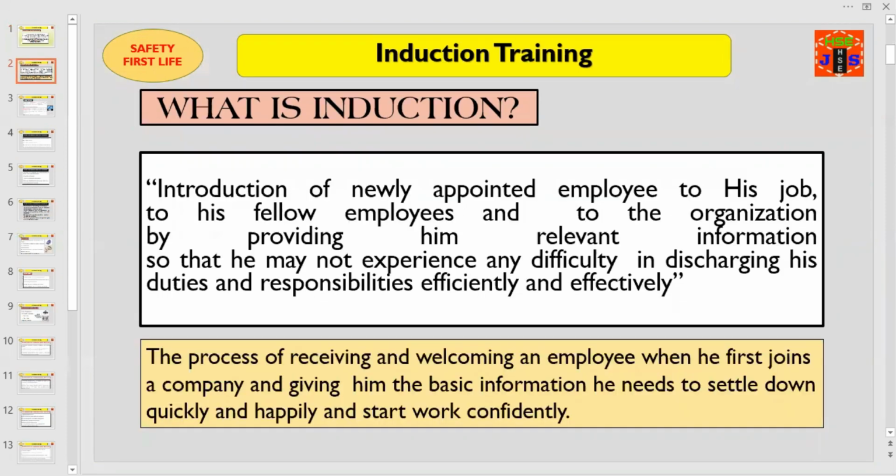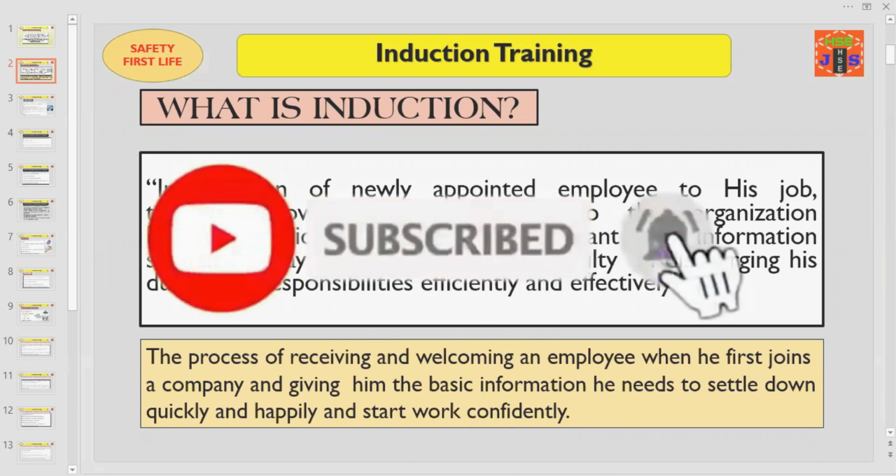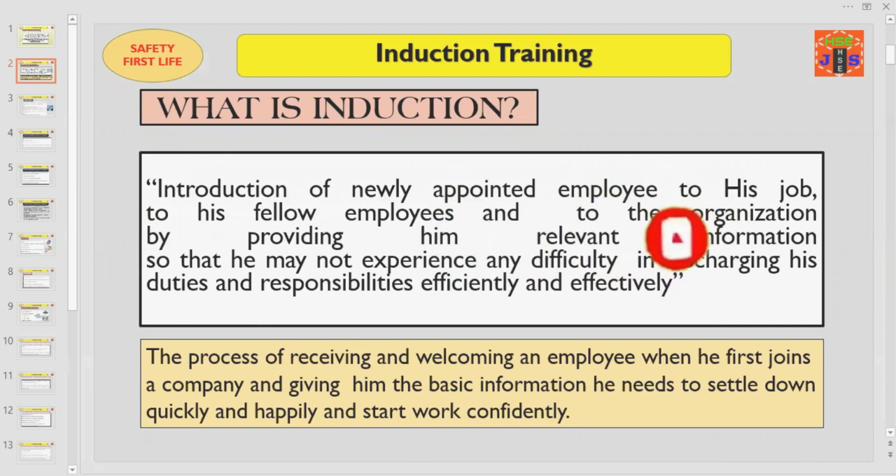You can simply say induction is the introduction of a newly appointed employee to his job, to the fellow employees, and to the organization by providing him or her relevant information so that he or she may not experience any difficulty in discharging his duties and responsibilities efficiently and effectively.